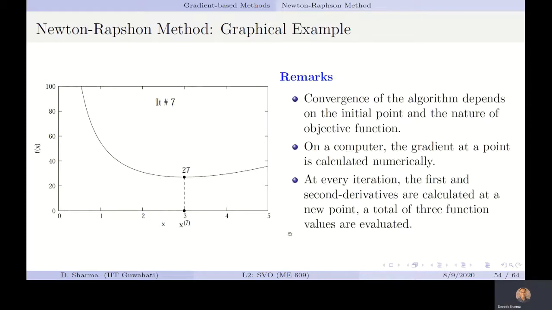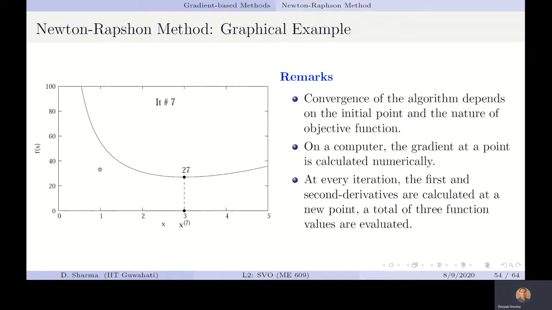There are some remarks for this algorithm. It is important to note that the convergence of the algorithm depends on the initial point and the nature of the objective function. What it means is that if our initial point is close to the minimum, then this method will quickly take you to the optimum. Second, look at the curve of this function in this figure.